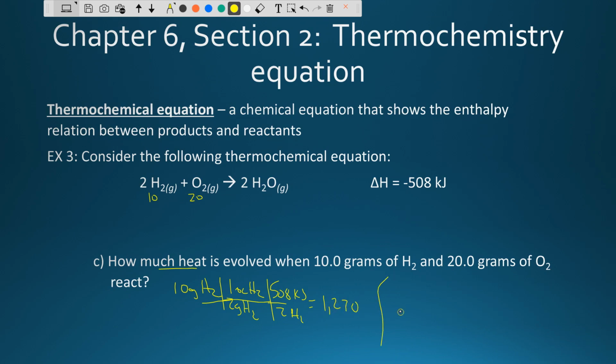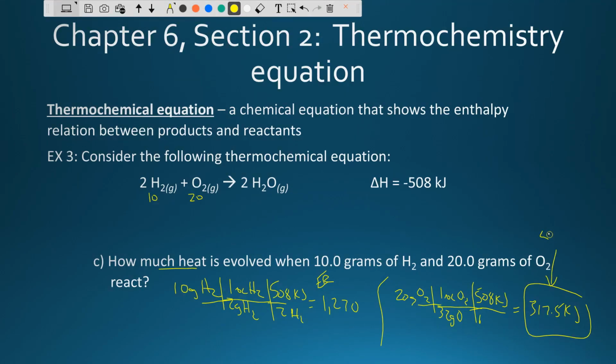But then I compare that to my oxygen, which is 20 grams of oxygen, 32 grams of oxygen to 1 mole of oxygen, and then 1 mole of oxygen to 508 kilojoules. And so I'll end up with an answer there of 317.5 kilojoules. I certainly will only get this. This is my excess, and so this is my limiting. That's how much heat is going to be given off.